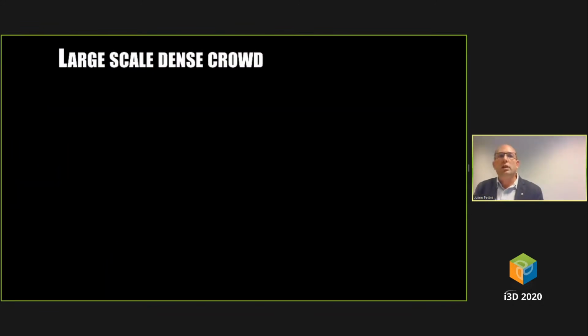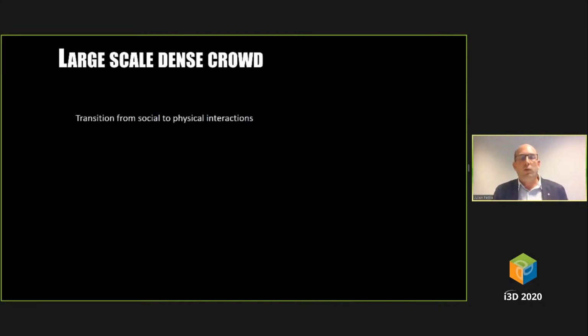The last perspective I would give is about the need for simulating and predicting better large-scale and dense crowds, and in particular to deal with this kind of phenomenon where you have a transition from social interactions to physical interactions, and when interactions turn physical, simply said, when people start pushing one another, you are entering a sort of danger zone. And it's really important that crowd simulation tackles those kinds of questions.